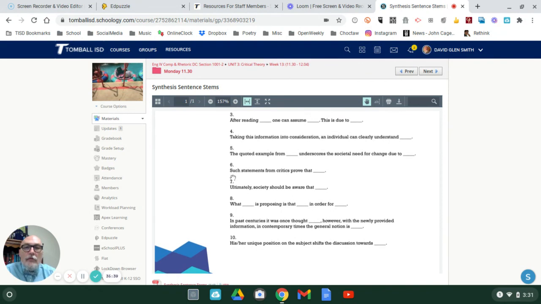So again, a short one here, number 6. Such statements from critics prove that X. What number 6 is doing, it's establishing that you see a valid change in society or in the major of your choice that affects society or the world at large.